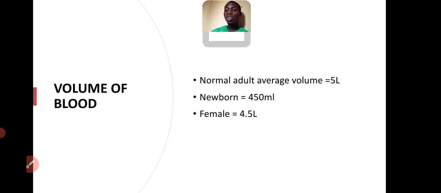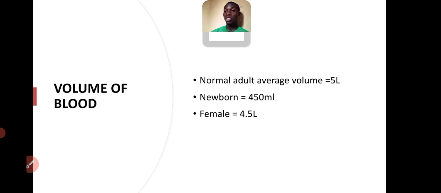Now, volume of blood. A normal adult has an average blood volume of 5 liters, while a newborn baby has 450 milliliters of blood. And a female's total volume of blood is 4.5 liters. So definitely, if a person's blood volume drops below that, then that is a problem.